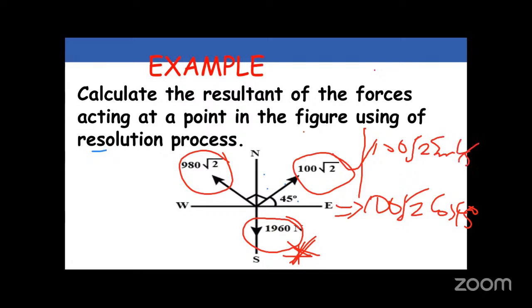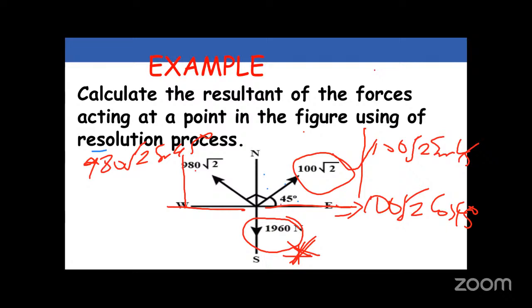So for this also, you do the same. You find the vertical component and the horizontal component. So the vertical component will be 980 root 2 sine 45 degree.